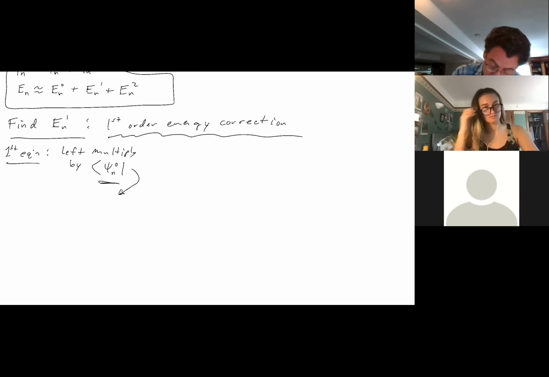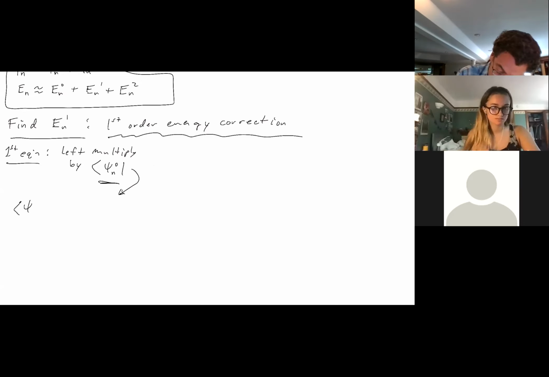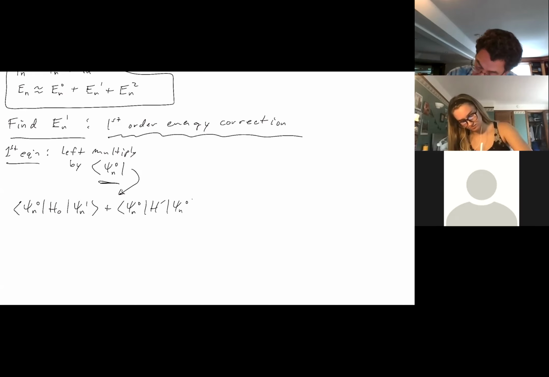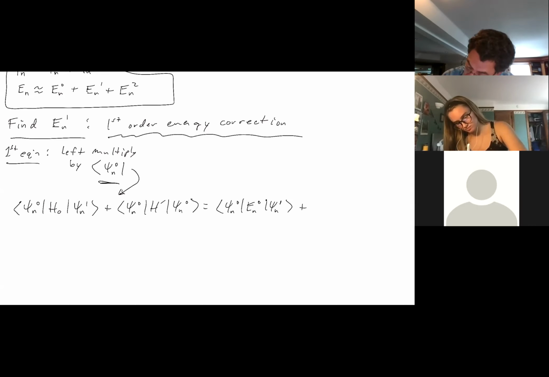Psi n naught H naught psi n1 plus psi n naught H prime psi n naught equal to psi n naught E n naught psi n1, first order correction, plus psi n naught E n1 times psi n naught.